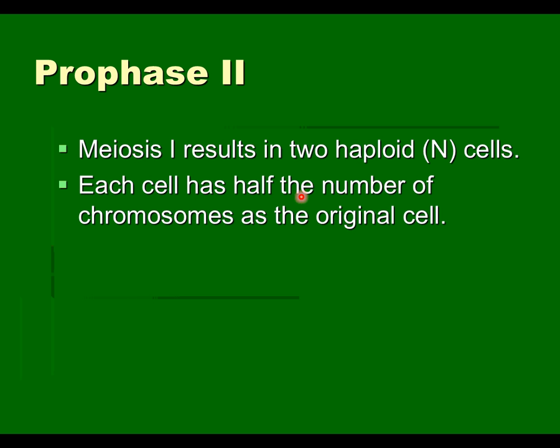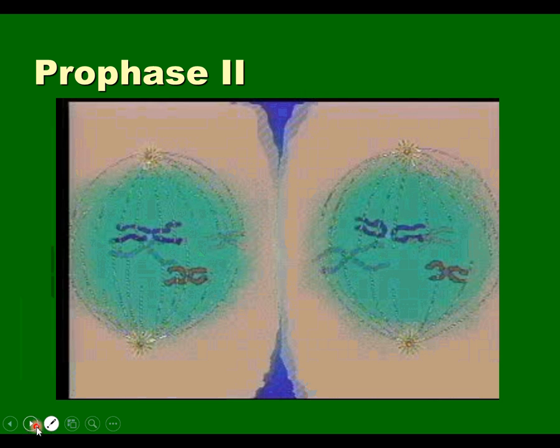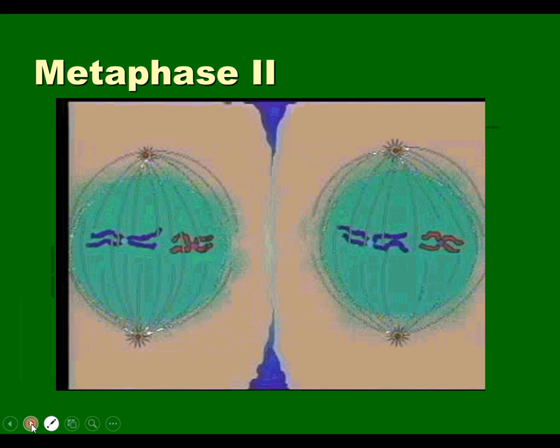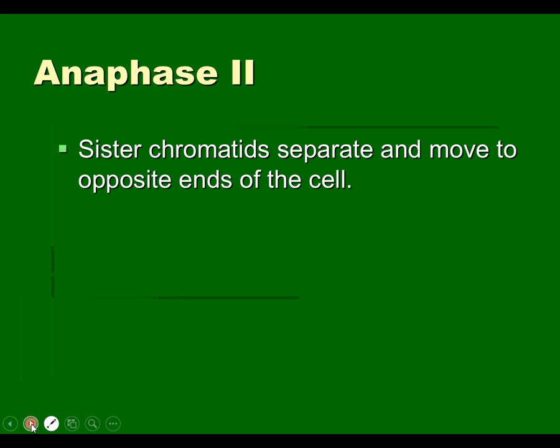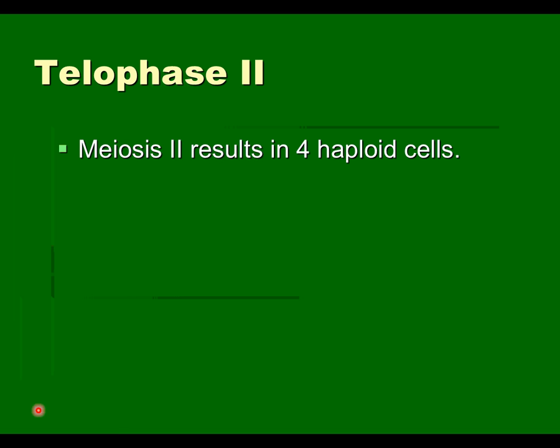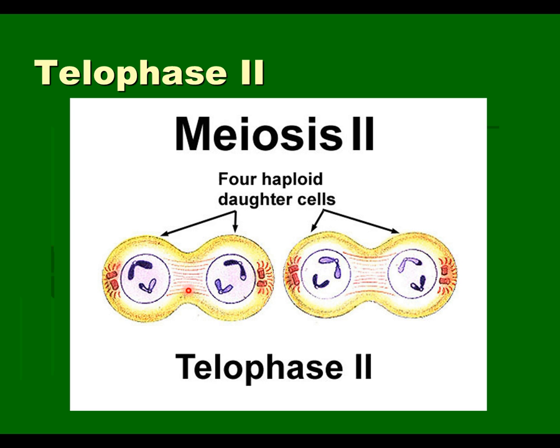So in this process, we have half the number of chromosomes as the original cell. Chromosomes line up similar to in metaphase, so we have those chromosomes going right down the middle, just like we have pictured here. In anaphase 2, we separate those chromatids and move them to the opposite ends of the cell, just like this process here. And of course, our result in the end of meiosis 2 is 4 haploid cells, okay, pictured here.